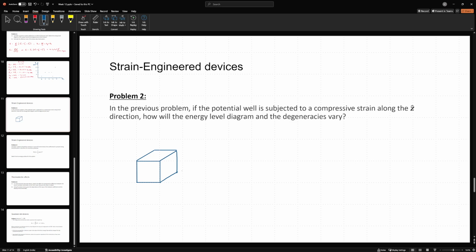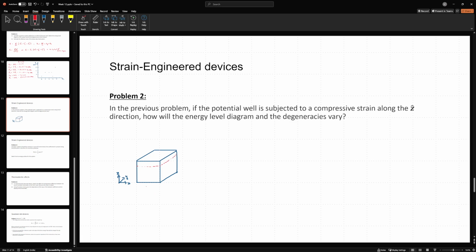Okay, and let me say these are my x, y, and z axis. Now what we have is a compressive strain. So now the length along the z direction.